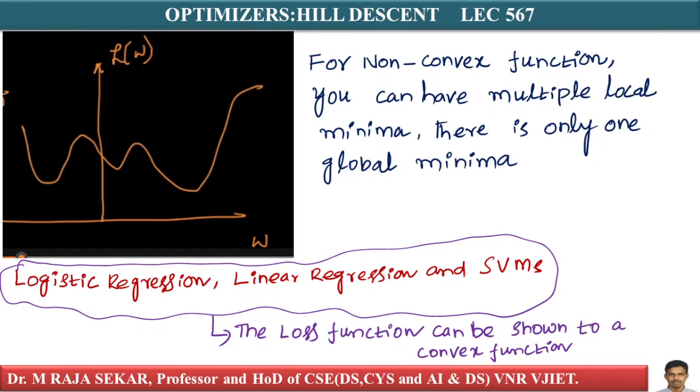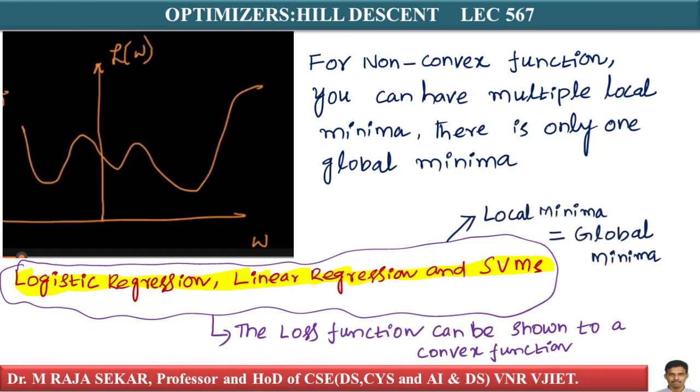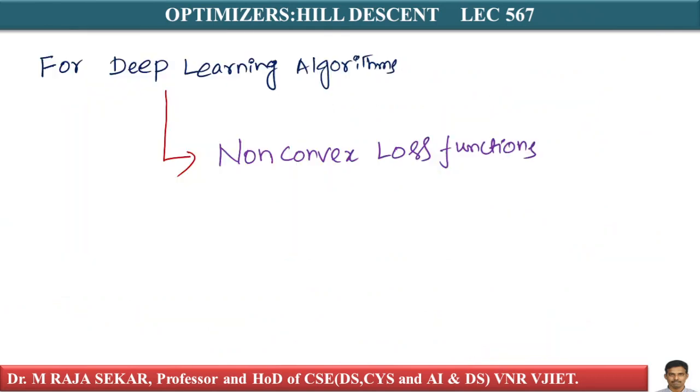Which means if you find a local minimum for logistic regression, linear regression or SVM, we can prove mathematically the loss function is convex, and hence for all of them the local minimum is the same as the global minimum.